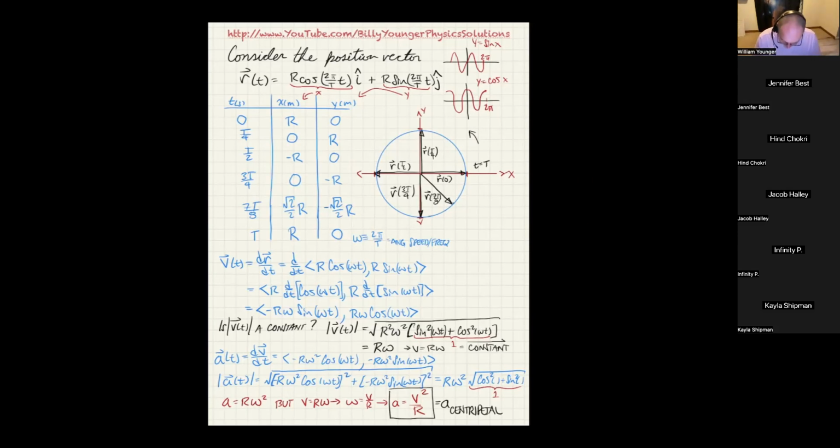And if you look at the y component, you'd see the same thing. It's the y component of r, but multiplied by negative omega squared. So what we can do with this is we can say, wait a second, this is kind of a big deal. What we just discovered is that the acceleration at that point points radially inward.